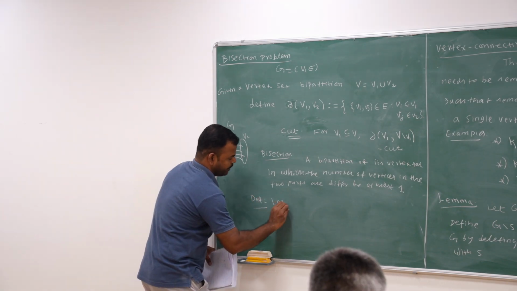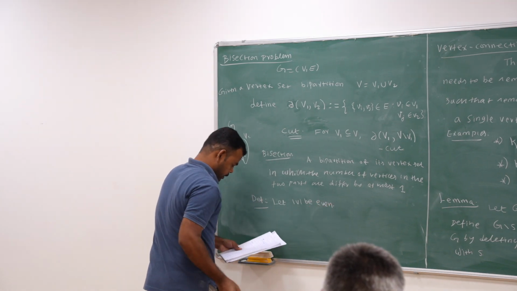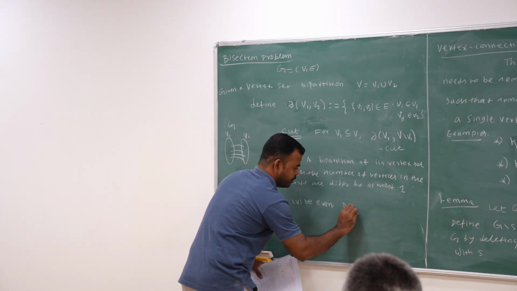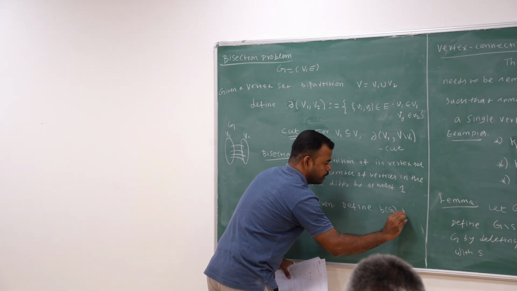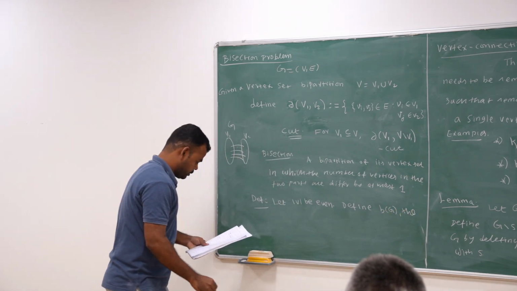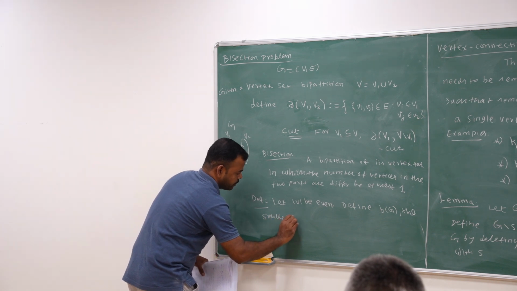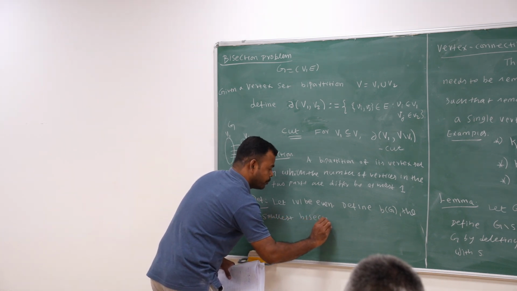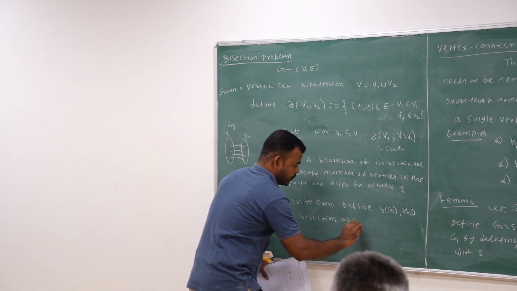Let the cardinality of V be even. Define B of G, which is called the smallest bisection of G, as follows.